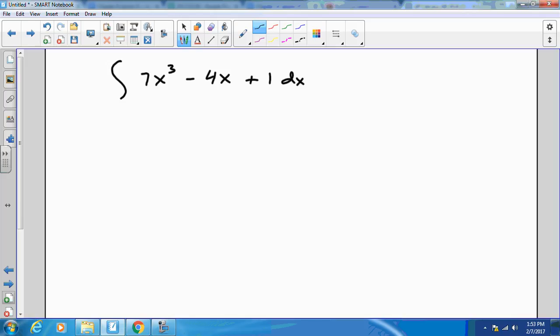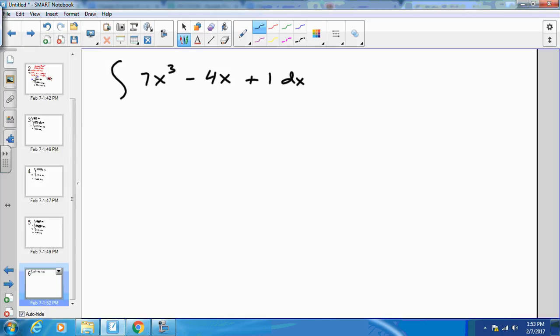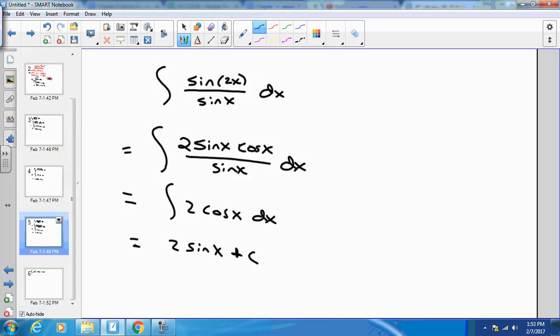So do we need to get a breakdown from last week? For the previous problem? No. Oh, I see what you're saying. In other words, you're concerned about a couple of places where sin x does not exist. Sorry, where sin x is 0.